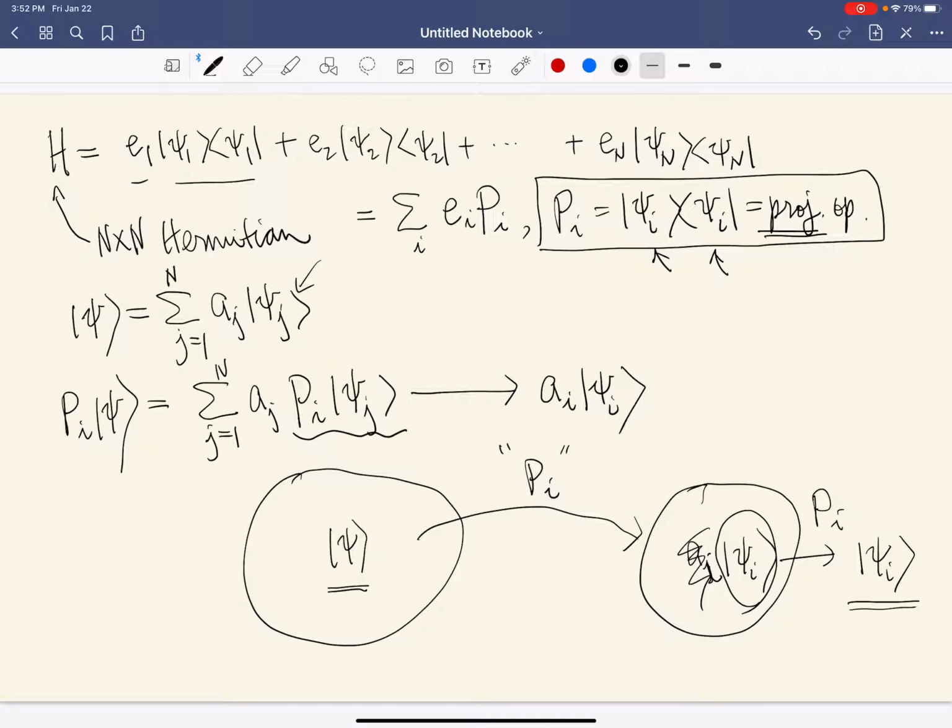Now, mathematically, that understanding is expressed by the fact that the square of a projection operator is equal to the projection operator itself.